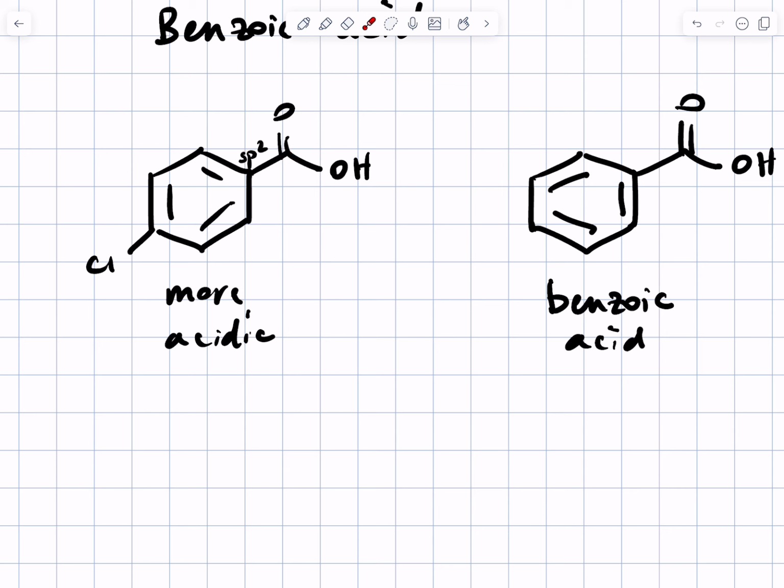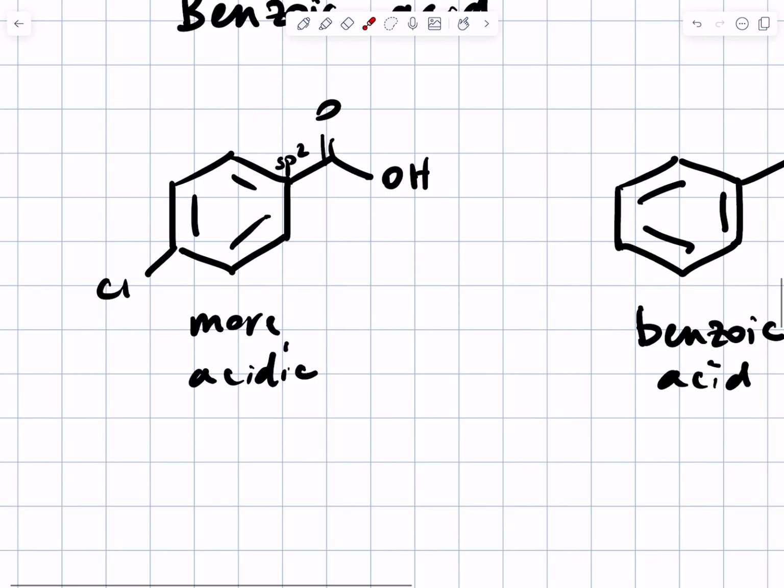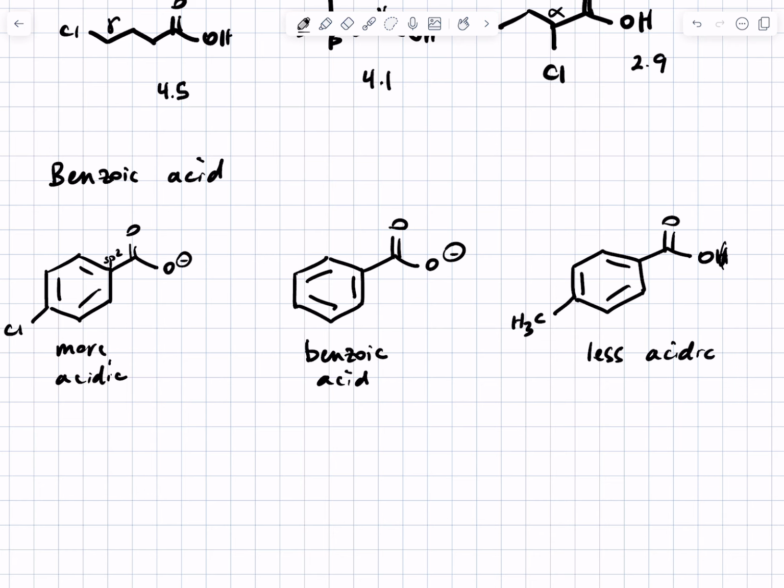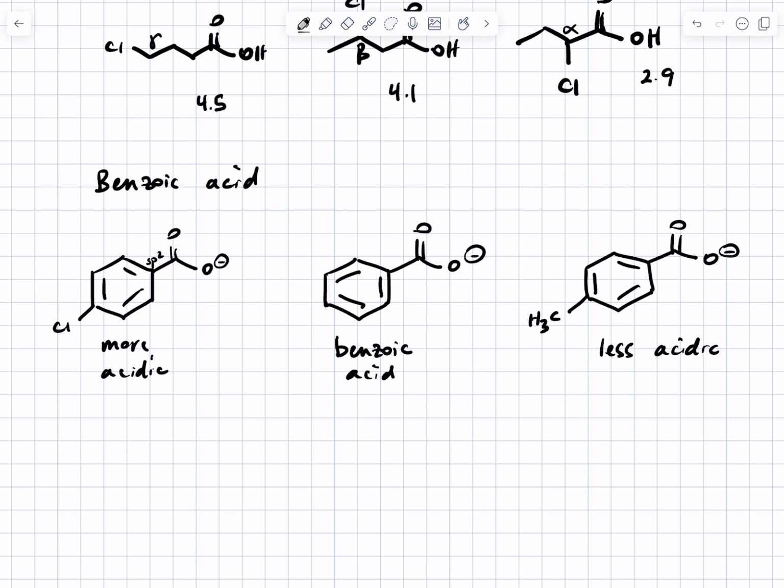If we make the benzene ring more electron rich, what do you predict that's going to do to the acidity of the carboxylic acid? We'll rationalize that by thinking about the stability of the conjugate base. If the benzene ring is electron rich, what should that do to the carboxylic acid? More acidic or less acidic? Less acidic. Good. Why?